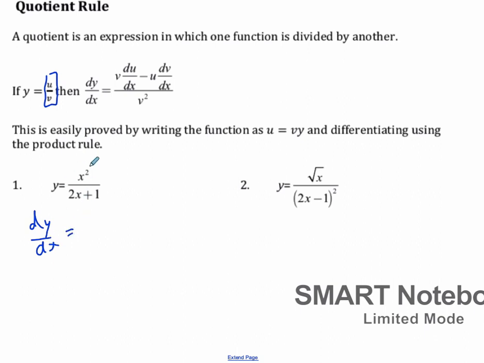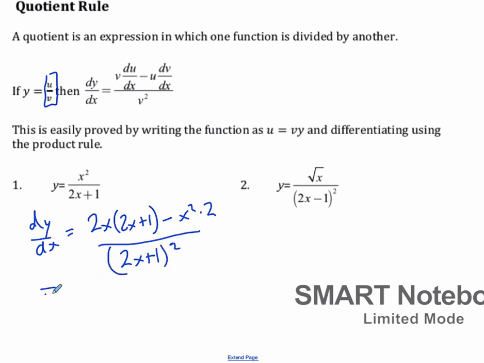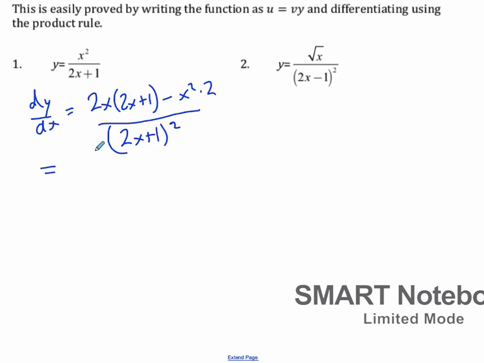So basically we do the derivative of the top, which is 2x times the bottom, minus the top times the derivative of the bottom, which is just 2 in this case, over 2x plus 1 all squared. Now often this bottom part can be really, really complicated and we don't need to simplify it.